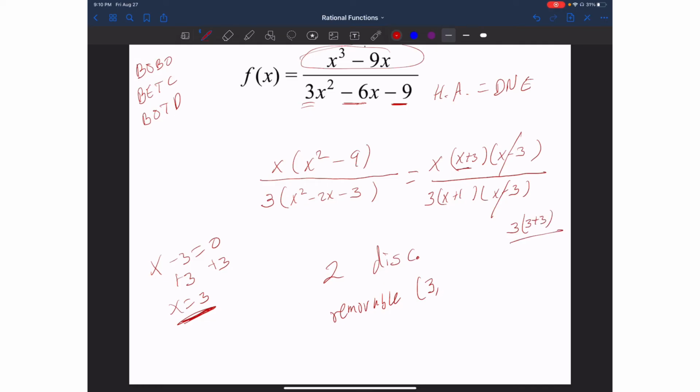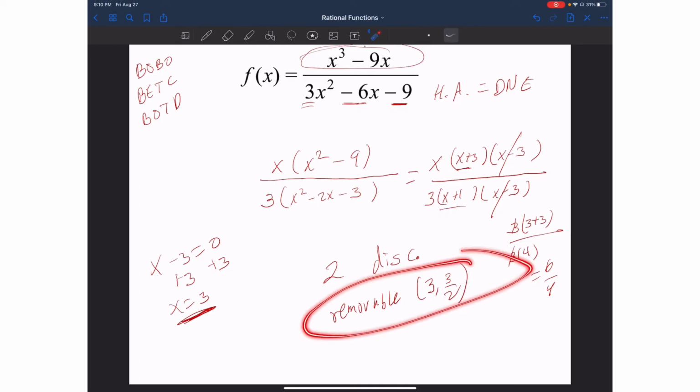And then I want to divide that by 3 times 3 plus 1, which is 4. I am going to divide those out, and I'm going to get 6 in the numerator and 4 in the denominator, which simplifies to 3 over 2. So again, if I wanted to remove this discontinuity, all I would have to do is fill in the ordered pair at 3, comma 3 halves.